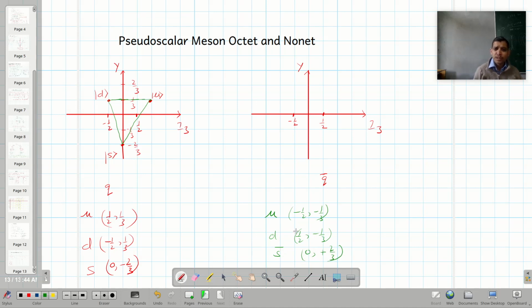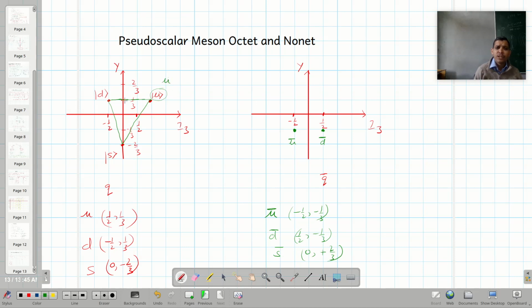So what are these coordinates? Sorry, the anti-quark bar should be there. So u bar is this one, and this point is representing d bar, and you need not write it in the ket vector.